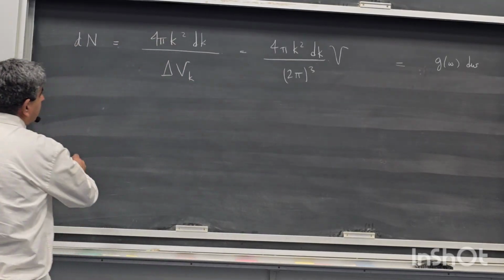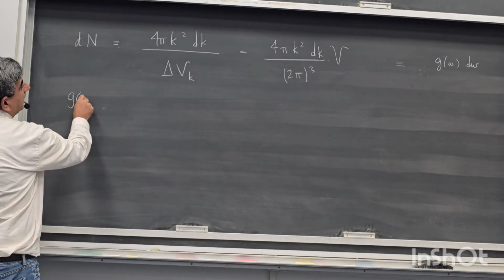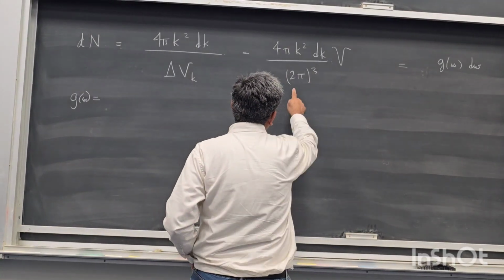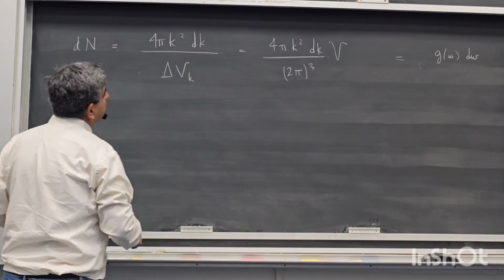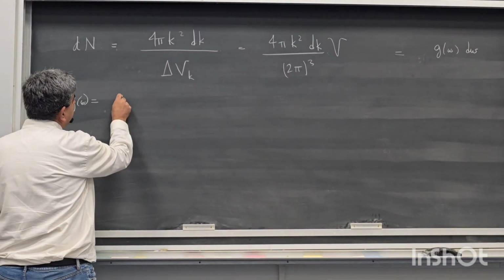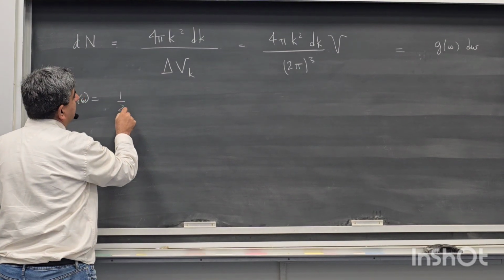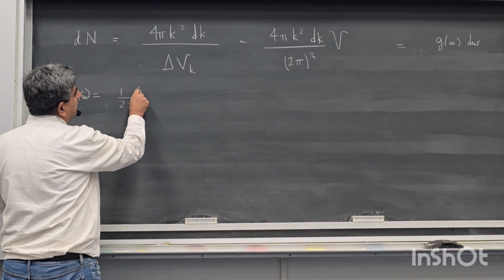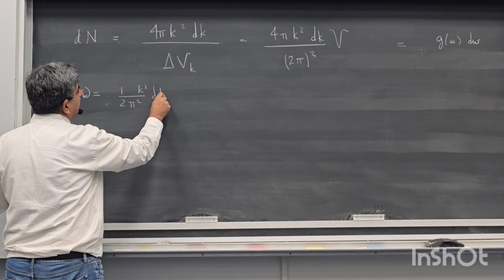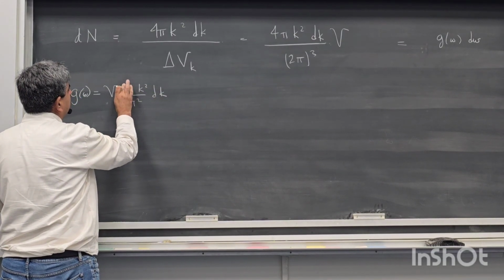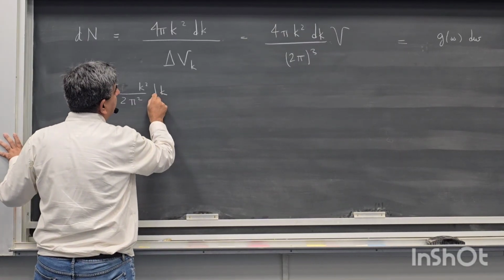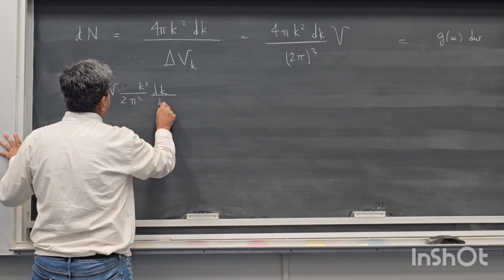My g omega, if I simplify this, is 4 pi k squared over 8 pi cubed times V, so 4 over 8 is 1/2, giving V k squared dk over 2 pi squared d omega.